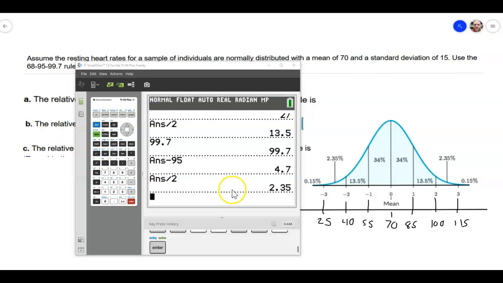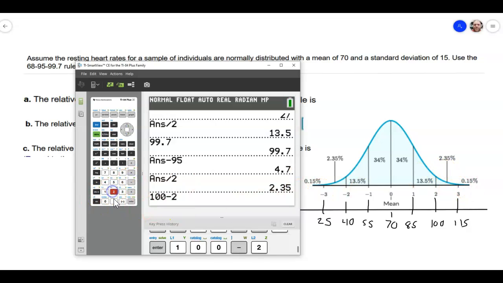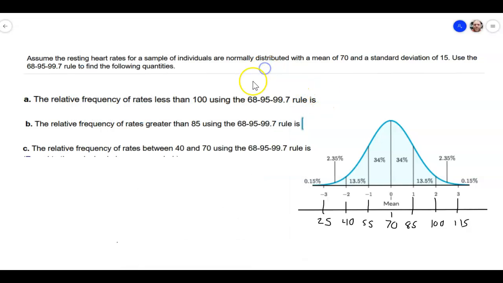So I can just do 100 minus these, 2.35 minus 0.15. So this one is 97.5%.